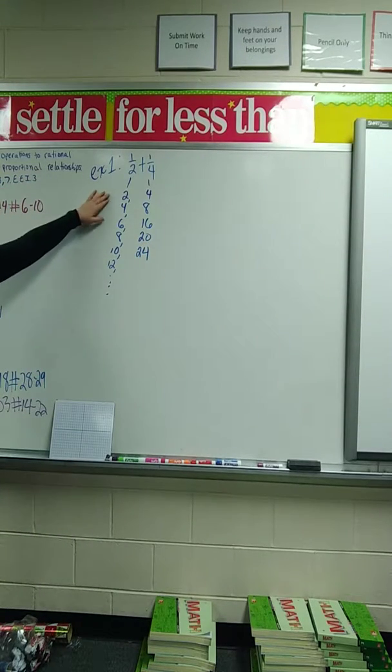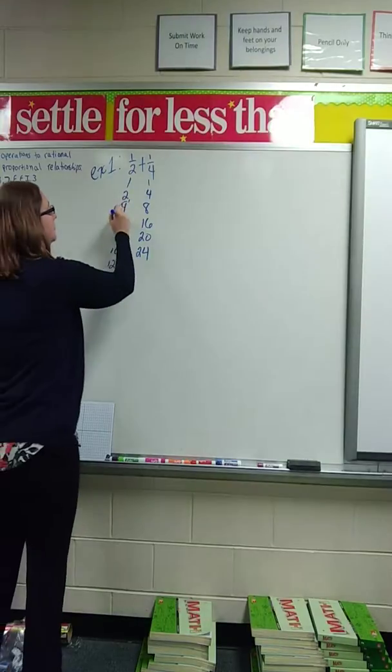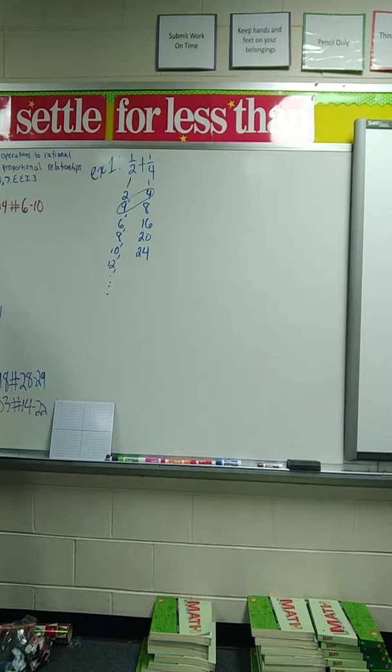Are there some similarities already? Yeah, do I have to go any further? No. Okay. What is the smallest number that they have in common? Yes, sir. 4. Okay. So that would be our least common denominator.